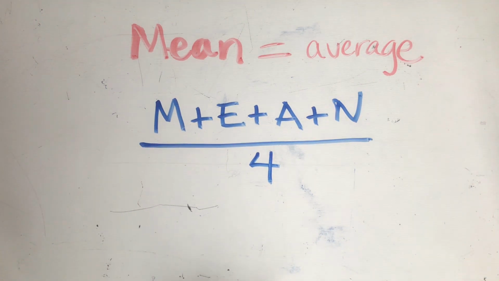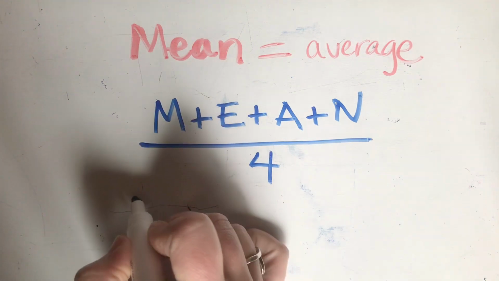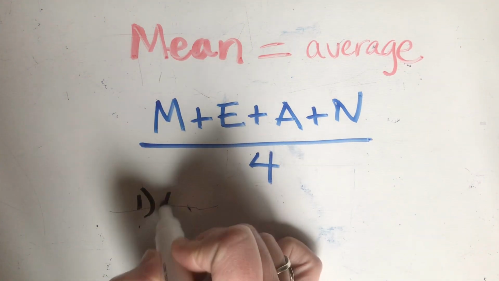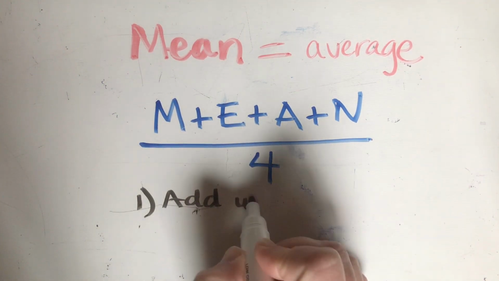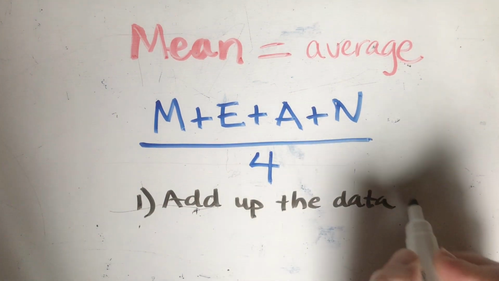So that means every single time you are working with this assignment and every single example today, you are going to do these 2 steps. First, you're going to add up the data in your data set.